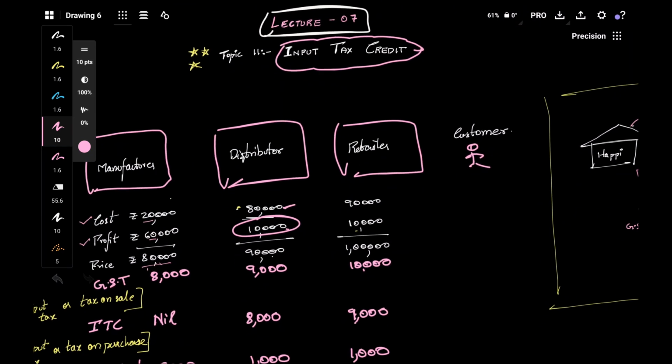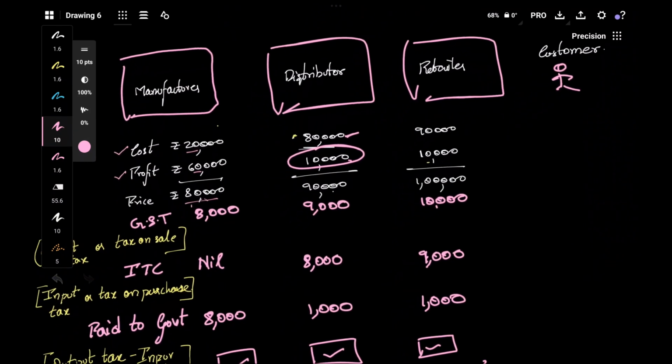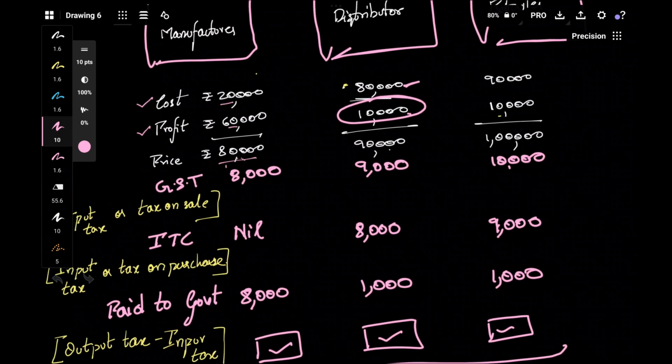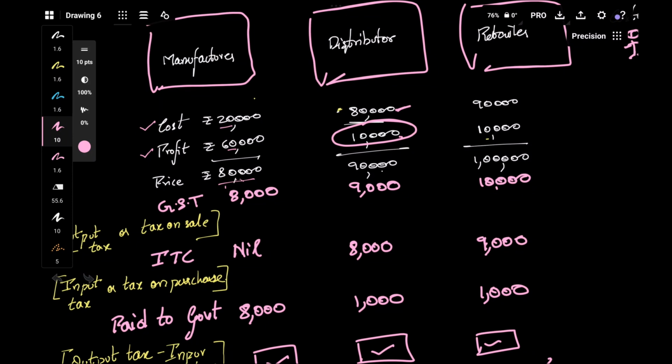In the case of input tax credit, how that works and how this happens across the value chain is, first there will be a manufacturer. For simplicity's sake, we have assumed that the manufacturer has no purchases and is not paying any tax on purchases. The manufacturer is making an iPhone for the cost of 20,000 and he added his profit element of 60,000.